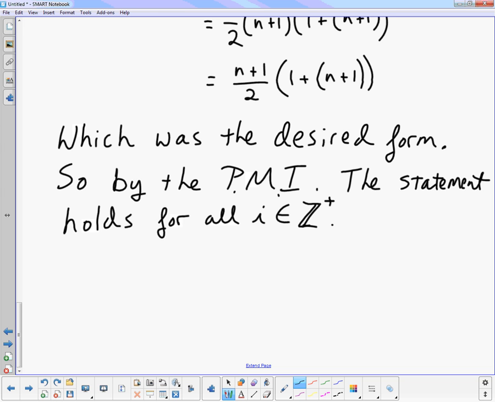The positive integers, not just the integers, because we didn't attempt to prove it for the negative integers. And a summation going in reverse can be rearranged to be one going in the positive direction, if we needed to. There's no need to do it for the negatives.